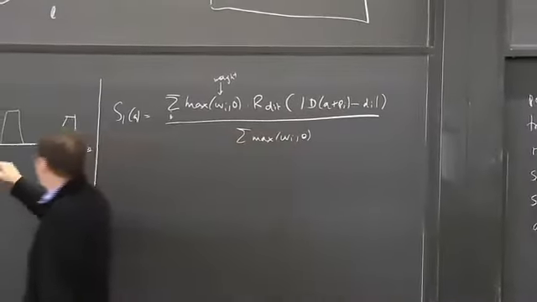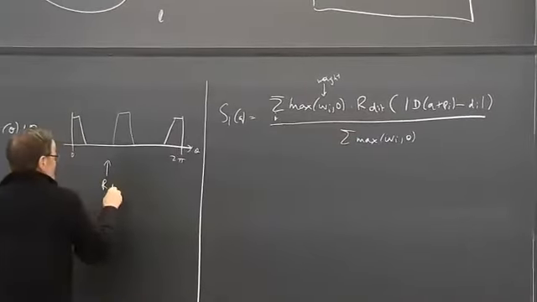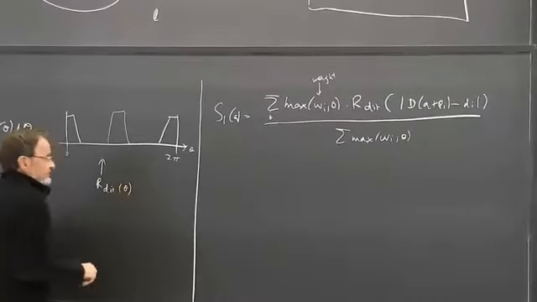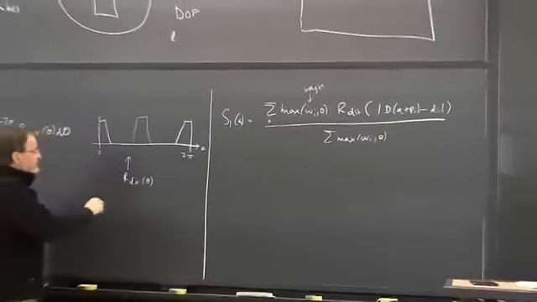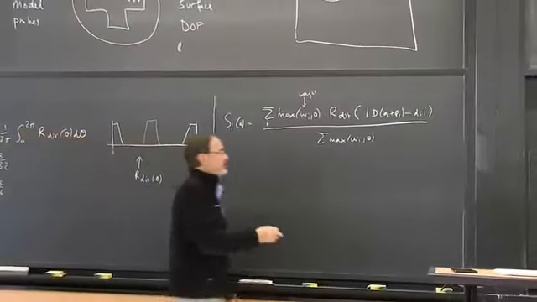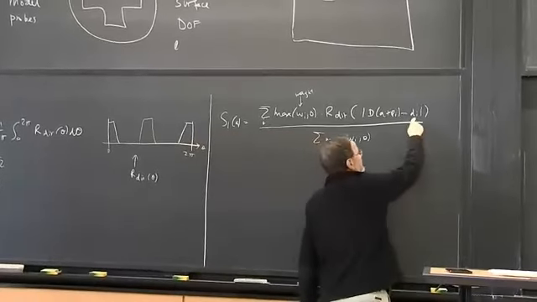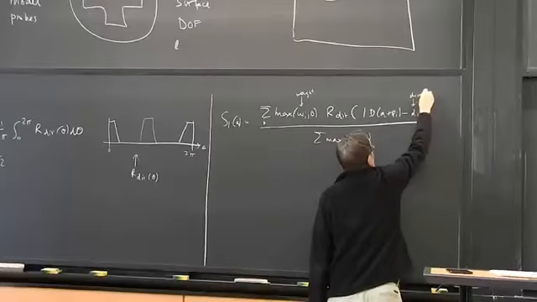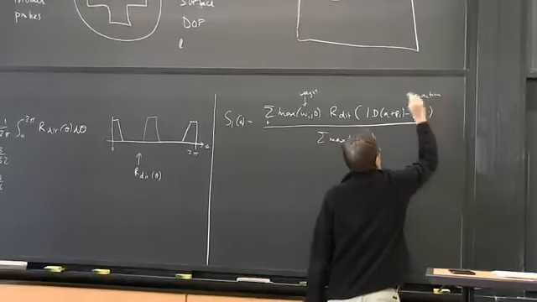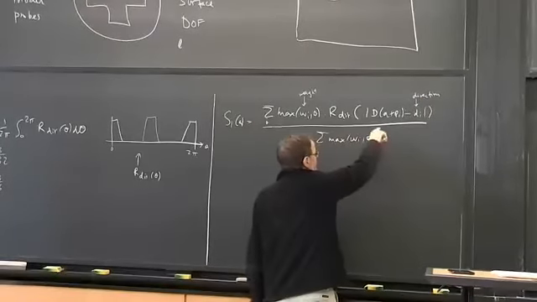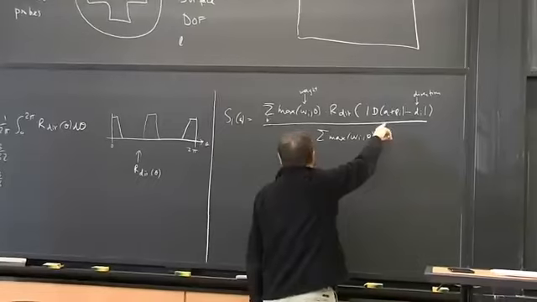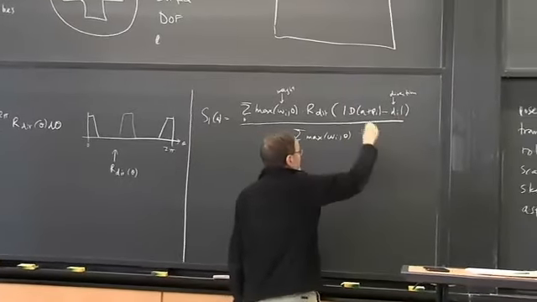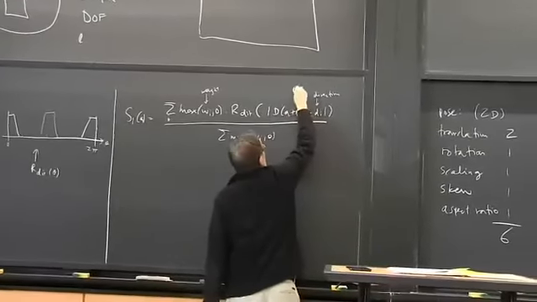This is our dir, the direction scoring function, and it's looking at the difference between the angle, the direction of the probe, and the gradient at the position that the probe is placed at.